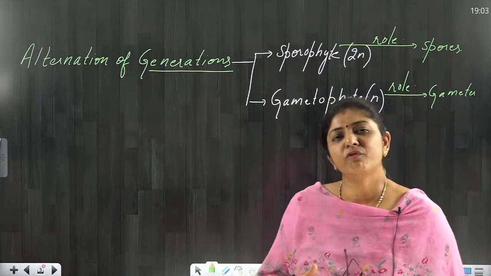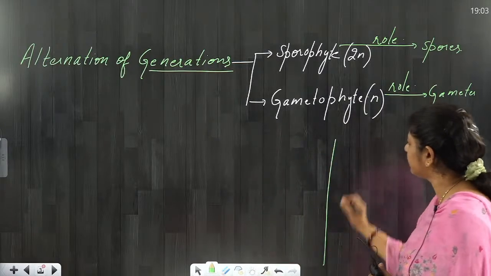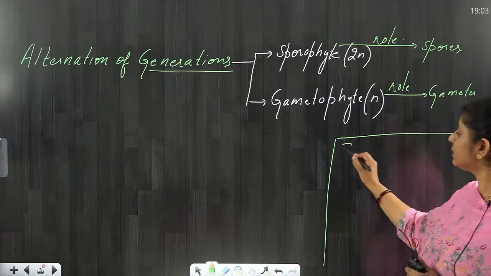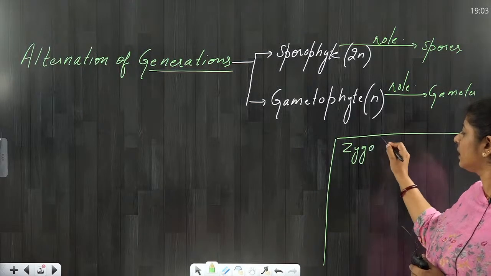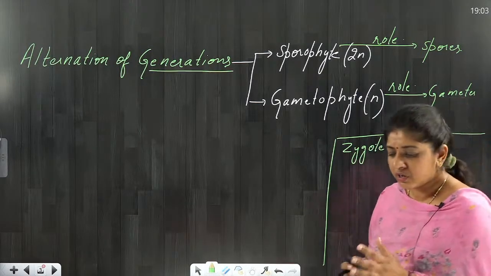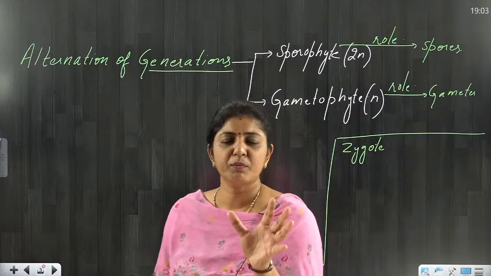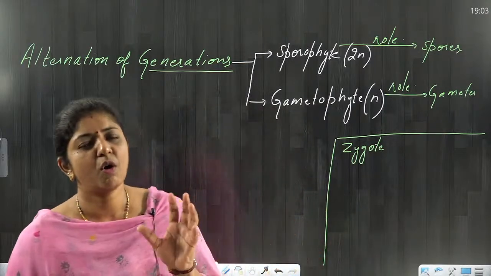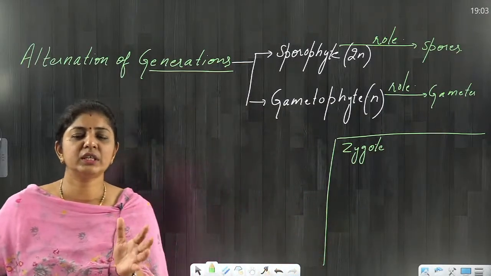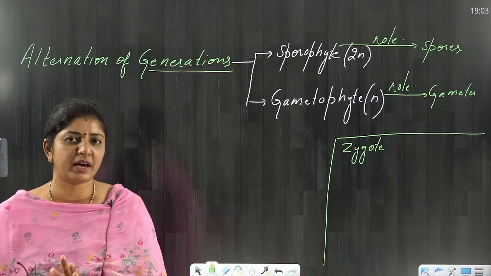Next point, what you have to keep in your mind as a note, if I am using the term zygote, if I am not taking some special feature like apomixis, right, or if I am talking about the other exceptional cases, I am not taking that.